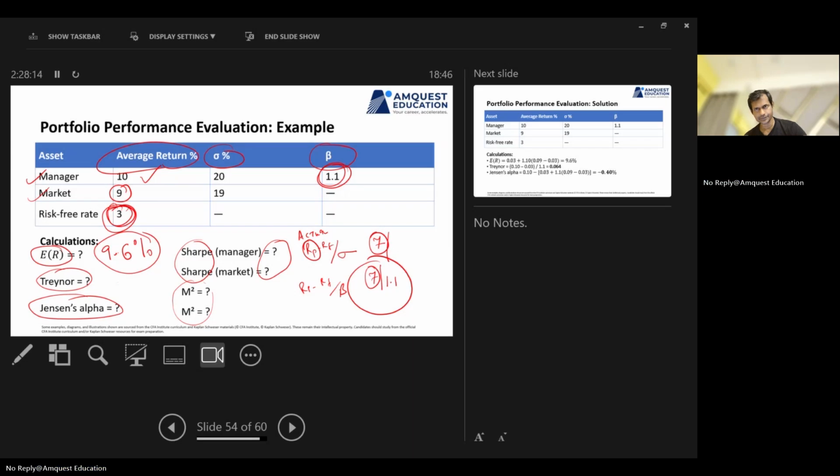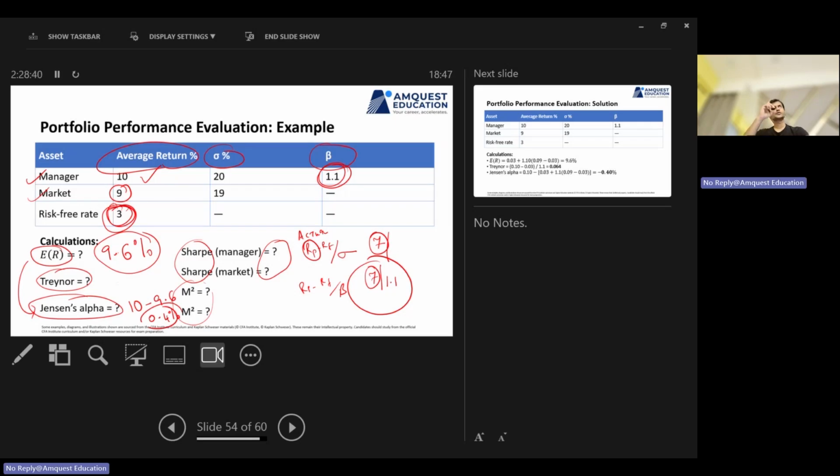Clear? Okay, sir. So we don't use the expected return, right? No, you don't use it because expected return is the CAPM model. The expected return you'll use only in the Jensen's formula, where I'm telling you that if I earn 10, I was supposed to earn 9.6. I made a Jensen's alpha of 0.4%. Clear?